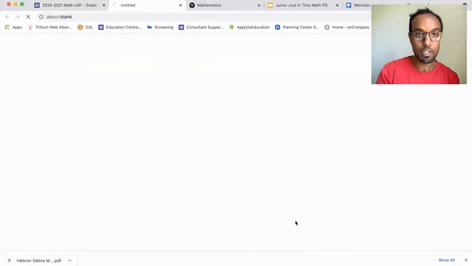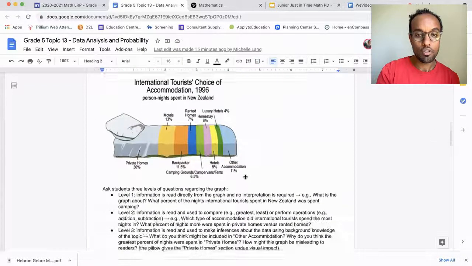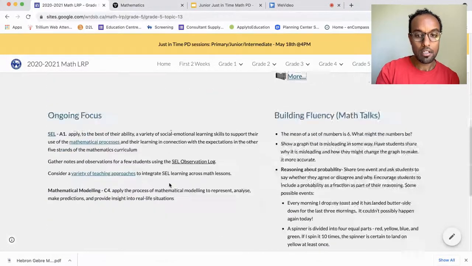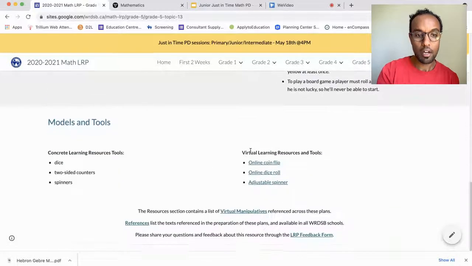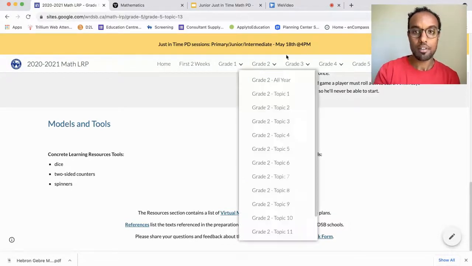Additional problems are always available for you to engage with, along with connections to other key concepts that we've pulled for our curriculum. And as usual, building fluency tasks are available there, and various models and tools, both online versions and examples of what you might access in the class there for you.